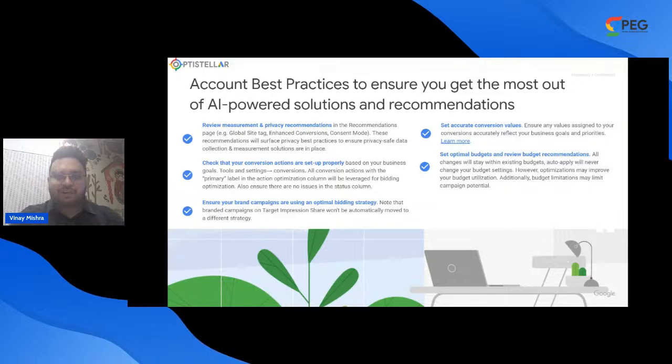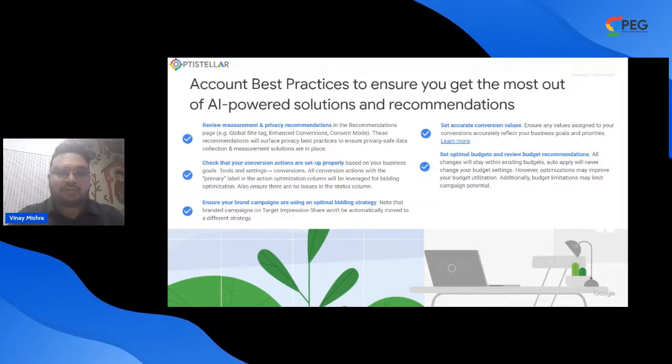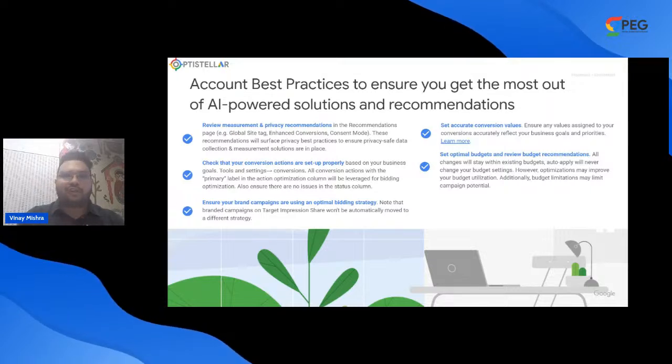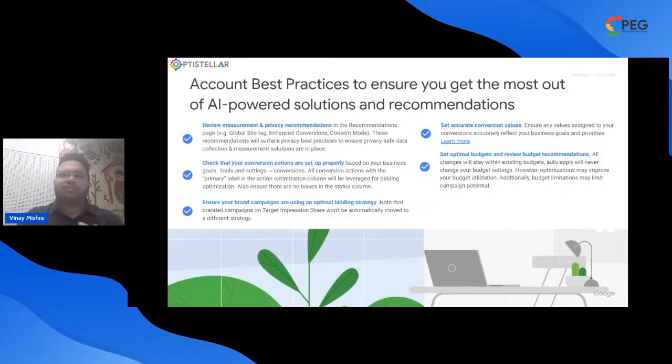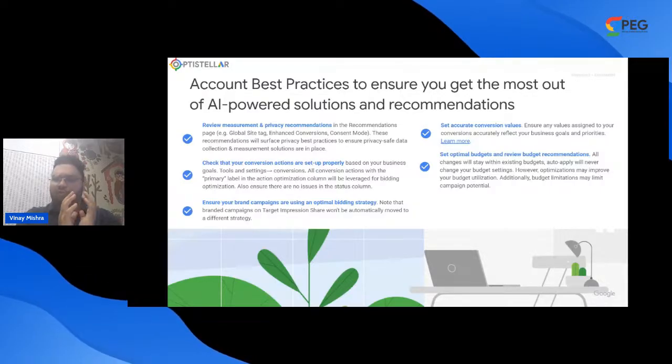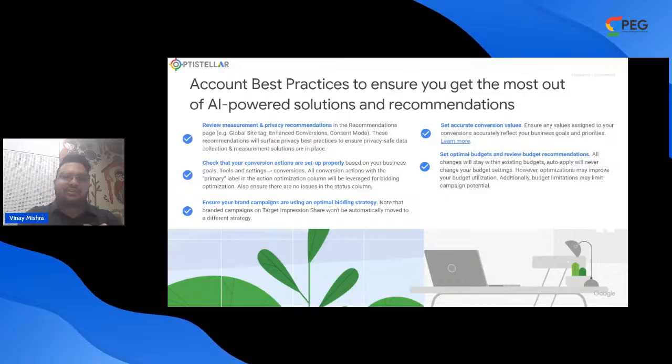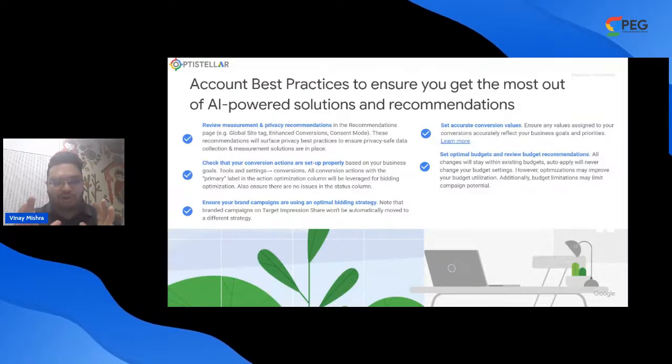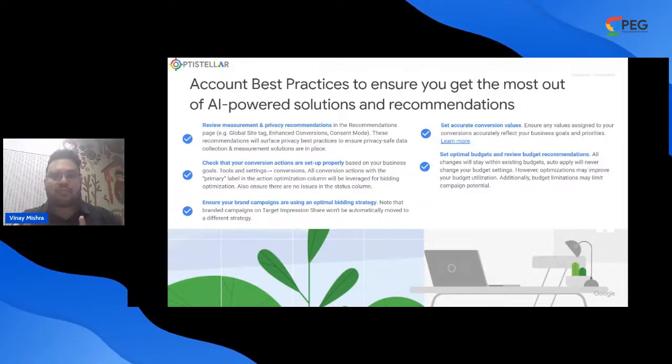As I've mentioned earlier, you have to make sure that you review your measurement and privacy recommendations. Ensure that the tags you have placed on the website, your enhanced conversions, and the consent mode are enabled.